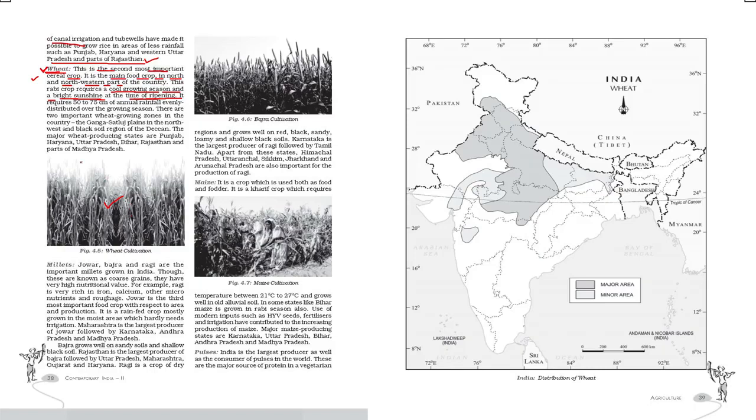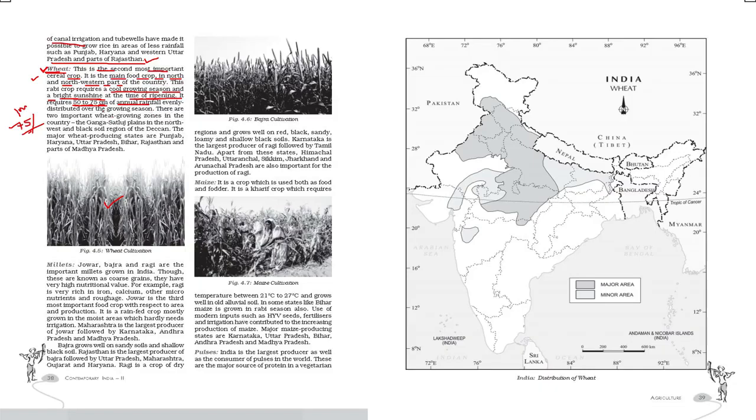It requires 50 to 75 centimeters of annual rainfall. In case of rice, we needed above 100 centimeters of rainfall, whereas in case of wheat, we need 50 to 75 centimeters of annual rainfall, but it should be evenly distributed over the growing season.